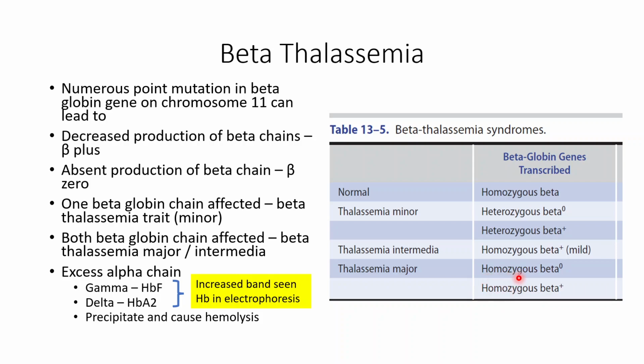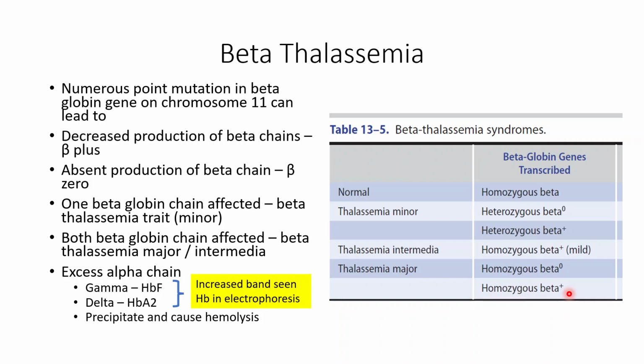This can be homozygous beta 0, where in both genes zero production of beta globin takes place, or it can be homozygous beta plus, a very significant defect where only, let's say, 5% or 10% of beta globin is produced.